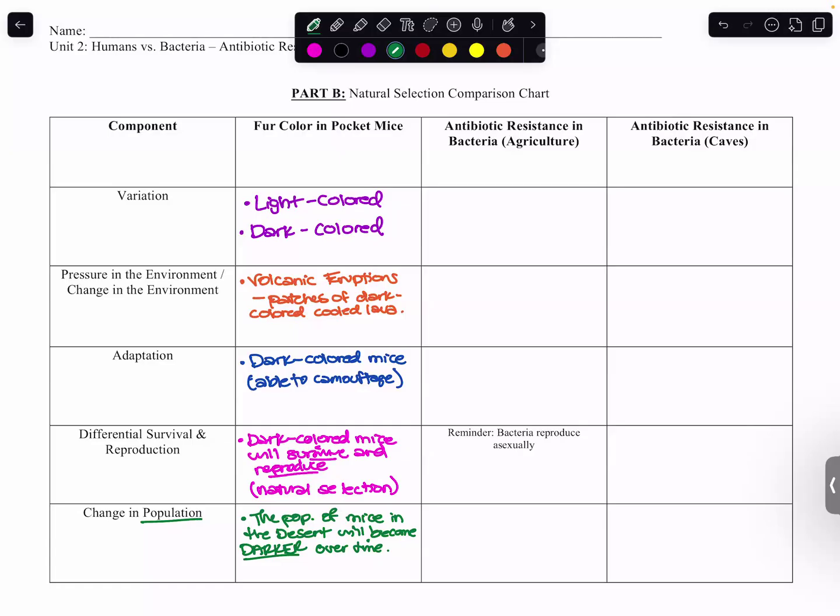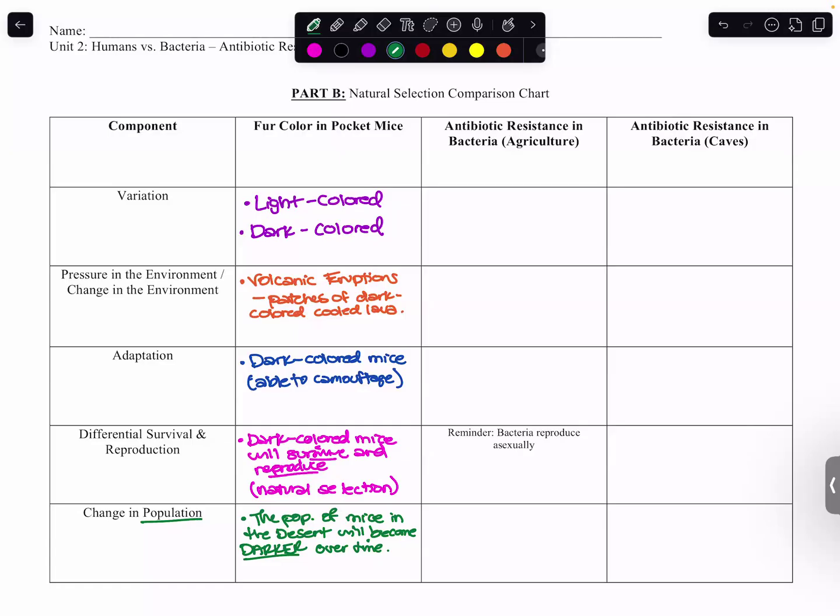And it's probably because the light colored mice just don't have the favorable adaptations anymore. If the terrain is getting darker, then it would be a benefit for me to be darker in fur color so I can blend in a lot better against the new environment. Okay. So that takes care of fur color in pocket mice.